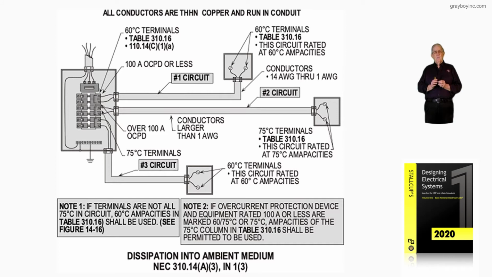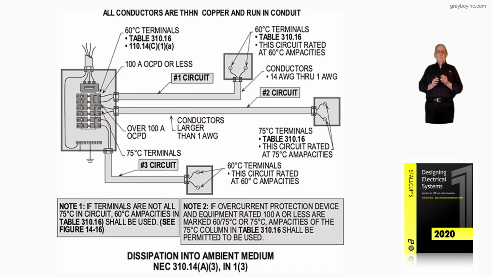So we're going to review 110.14(C)(1)(a) for 100 amp device or less, and notice they're 60 degrees C. They're not marked 60/75 or 75 as in note 2. We go to the equipment, and the equipment is marked 60 degrees C. So that means the ampacity has to be selected from the 60 degree column in Table 310.16.